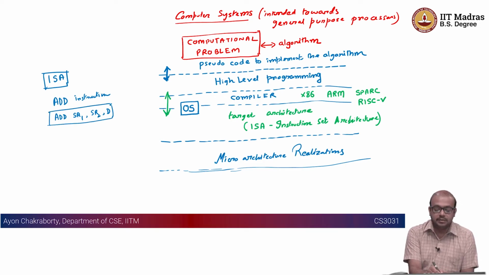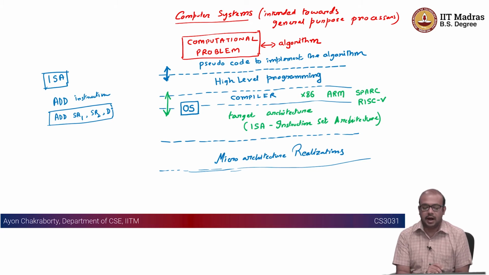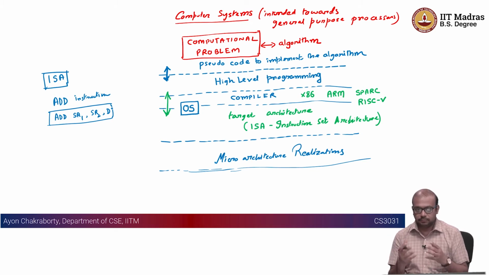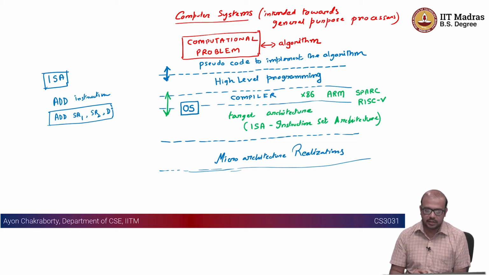Now, the implementation of this instruction may vary, depending on how exactly your CPU is built, whether there are any temporary registers that are not exposed in the ISA. Suppose you are using a ripple carry adder. You don't have to always use a ripple carry adder. There are faster implementations of adders called carry look ahead adders, which are faster compared to ripple carry adders.